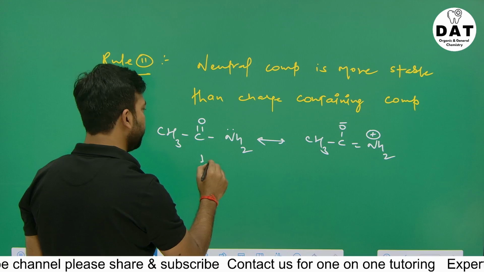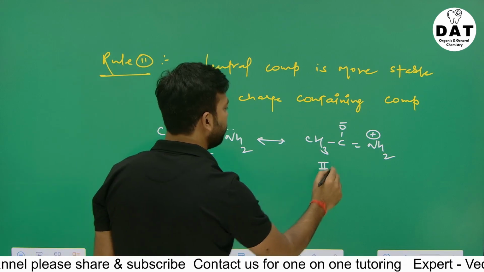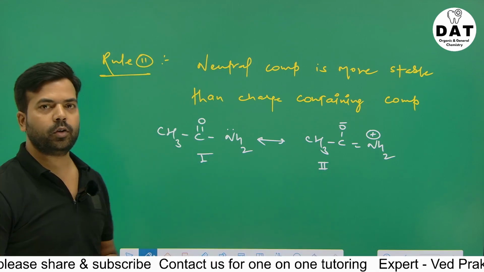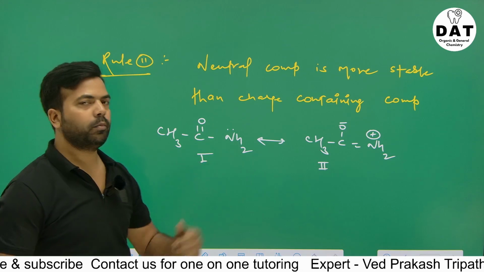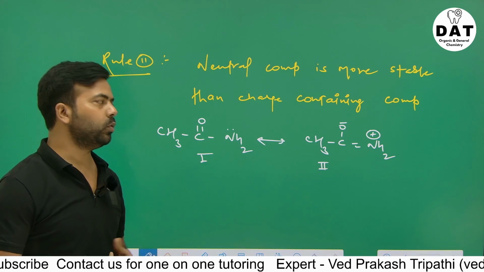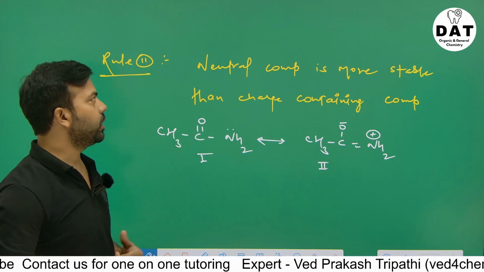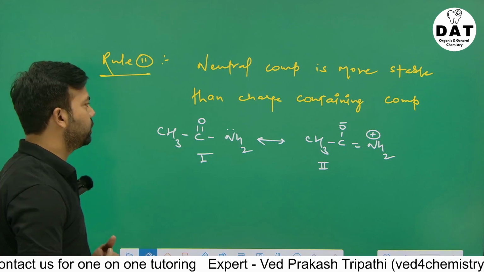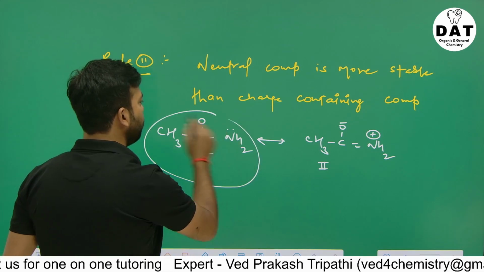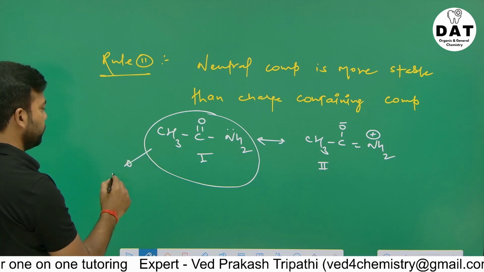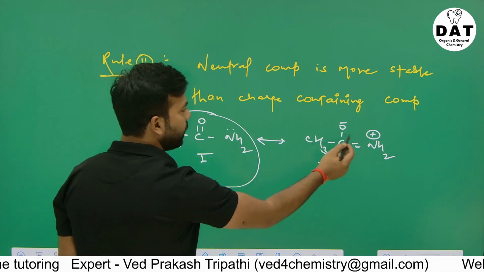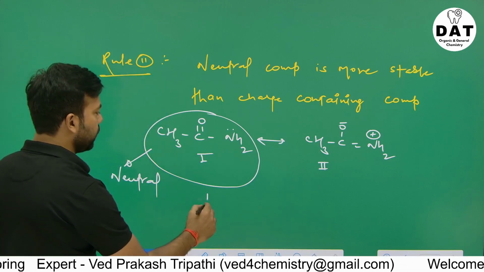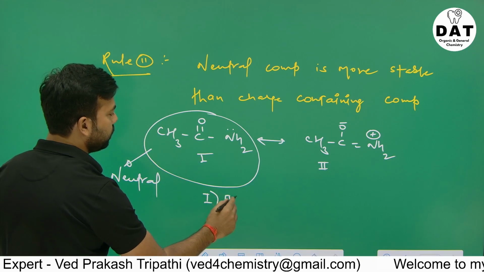We have to compare the stability of structure 1 and 2. So what is rule 1? Rule 1 is the more the double bonds, the more will be the stability. So they have an equal number of double bonds. Now move to rule 2. Rule 2 is neutral compound is more stable than charged. So this one is a neutral one because there is no charge. And this one is a charge containing compound. So first is again more stable than second.